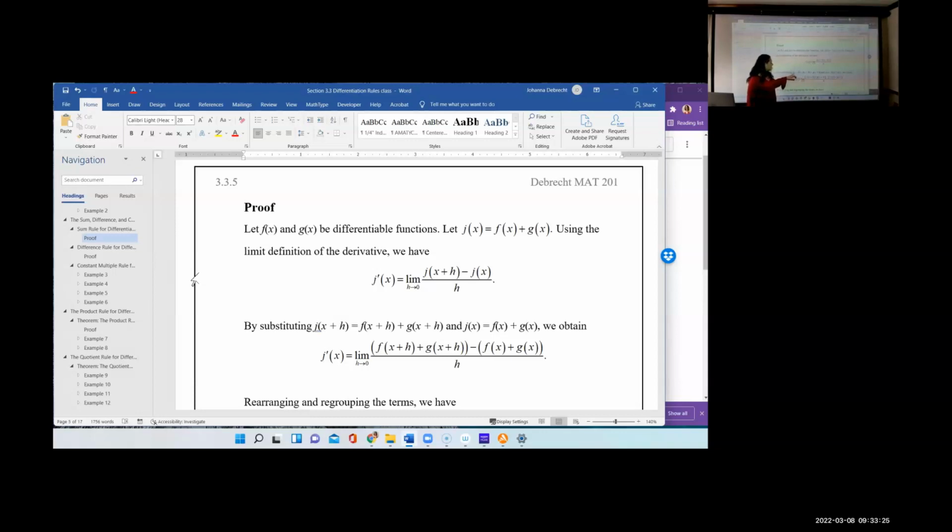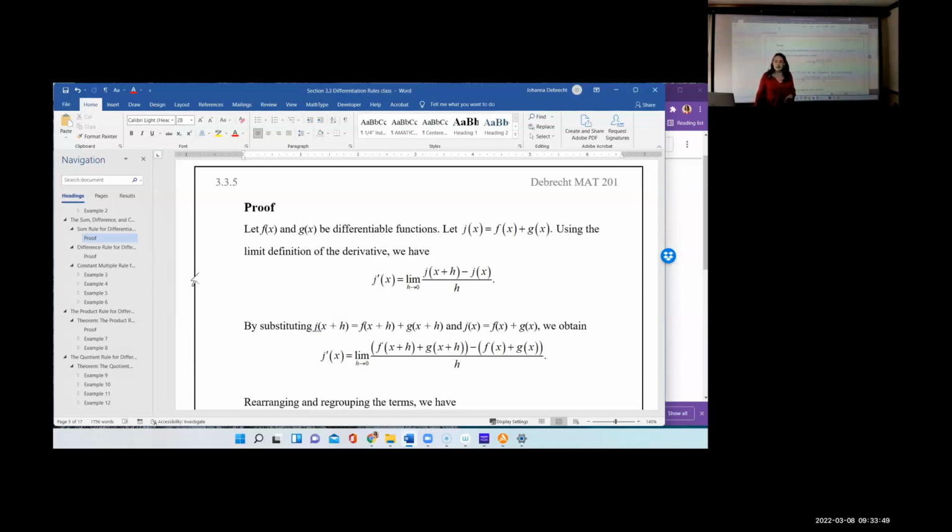So this is going to give me j of x plus h, which by definition of what j is, f of x plus h plus g of x plus h. So I'm going to plug those into the difference quotient. So I have f of x plus h plus g of x plus h minus j of x, which is f of x plus g of x.